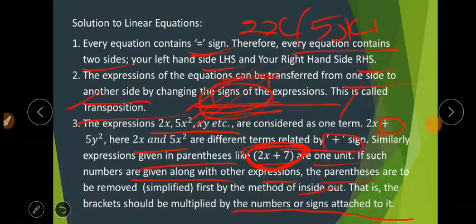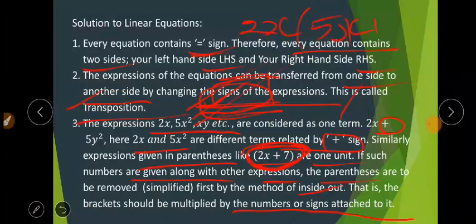Usually people will make mistakes at the time of shifting the equations. You may forget to change the sign. And also while multiplying with the numbers within the brackets, if it is plus or minus, how you have to simplify the equation, in that case you may make some mistakes.